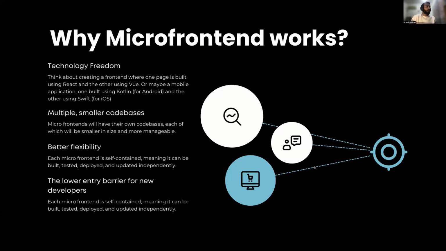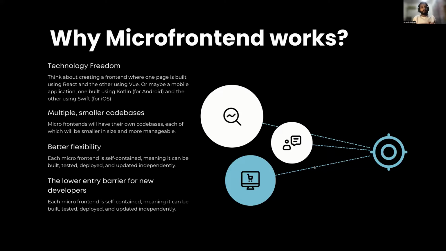Why does micro frontend work? This is very simple. You have technology freedom. Imagine that you're building an application made out of React, like you have a singular page built out of React, and then you have another page that you want to build out of Vue.